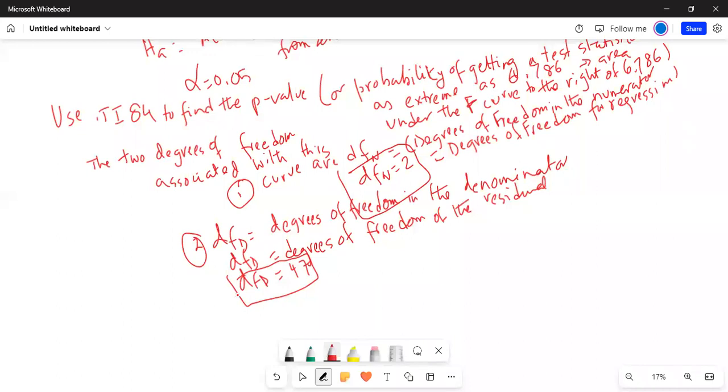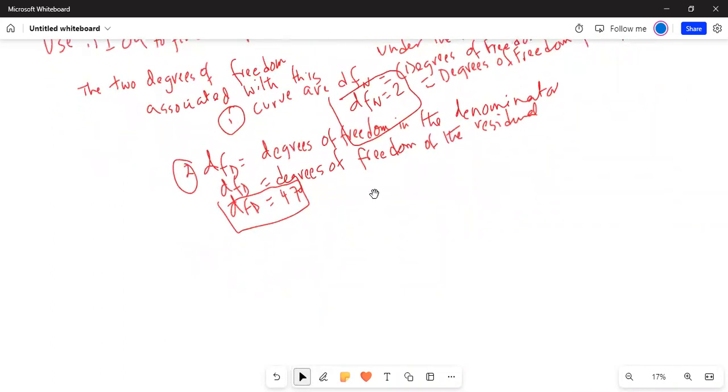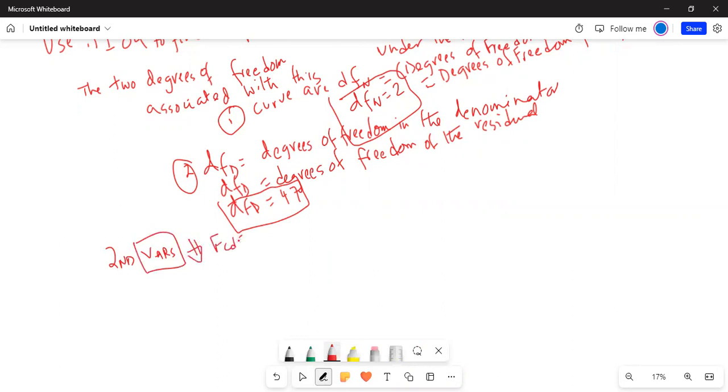Okay. So as I told you, we will be using the calculator. First we will press second, vars. Then we scroll down to FCDF, not PDF, CDF.